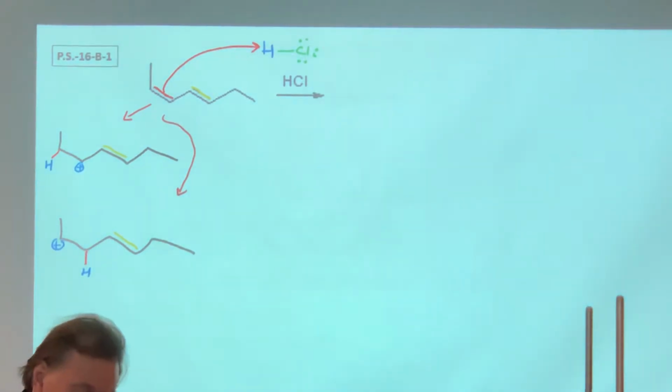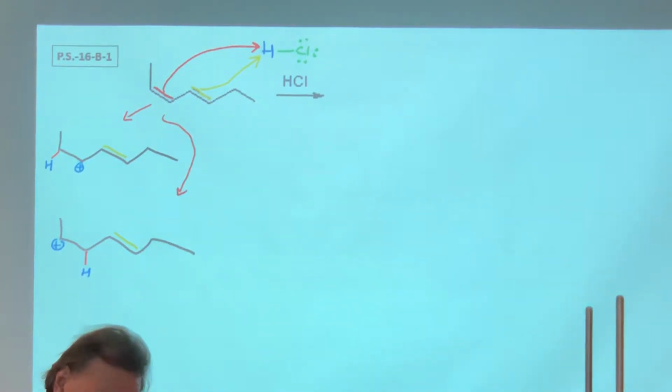Okay, so let's see, if the orange attacks right here, what are the possibilities? We have some possibilities here, so let's do this possibility here.